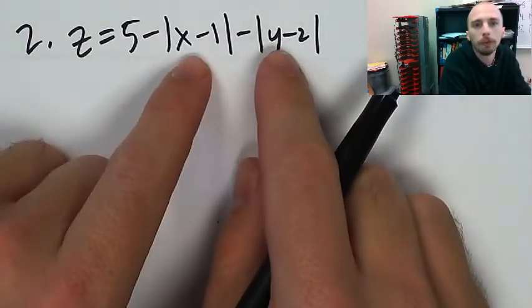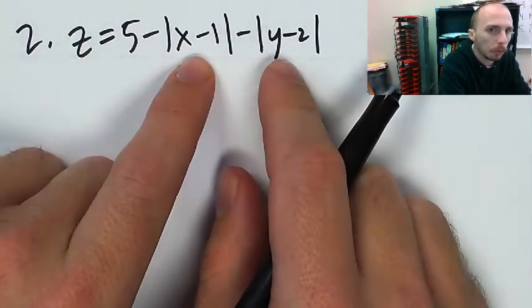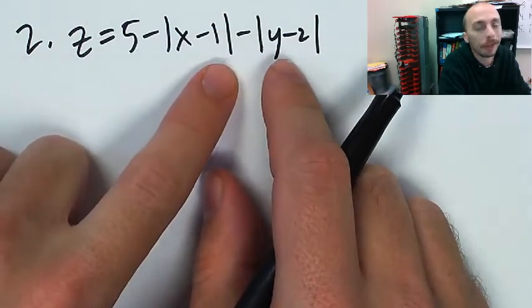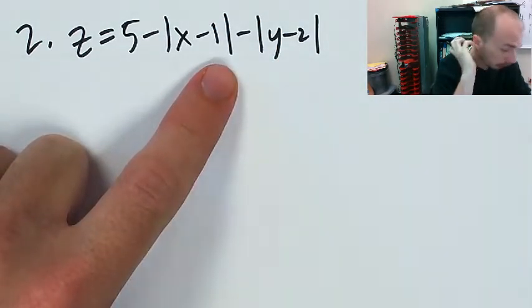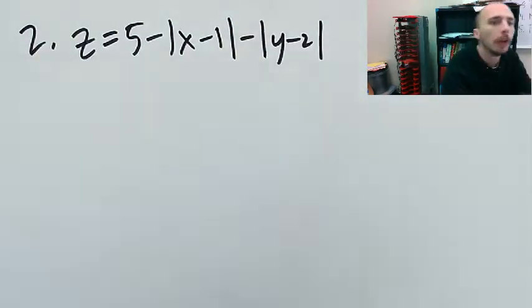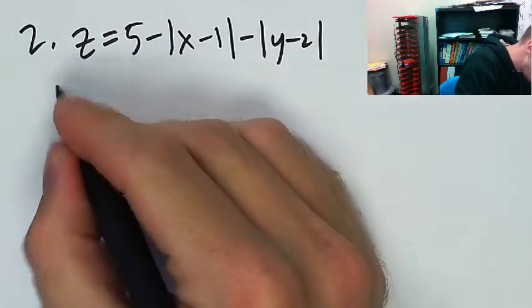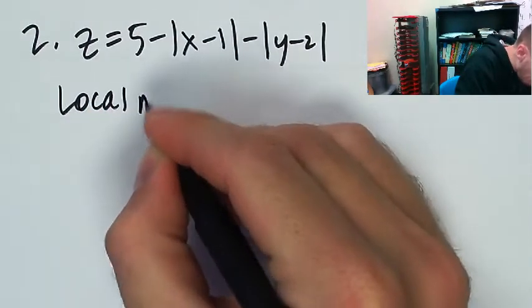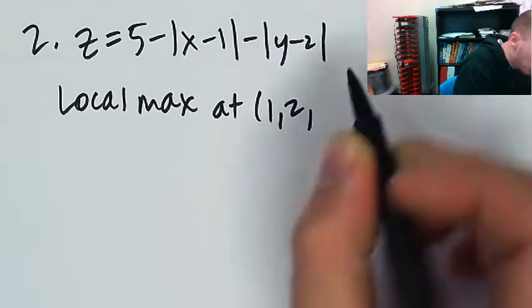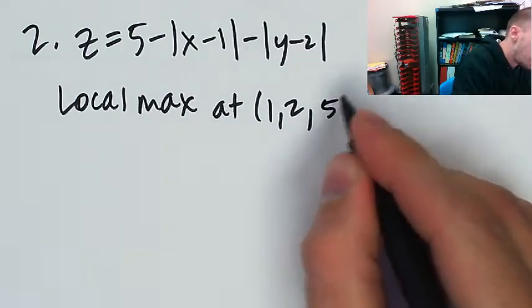Again, the least that these absolute values can be is 0. So if x was 1 and y was 2, I'd be taking 5 minus 0 minus 0, and I can't add to 5, because these absolute values can't be negative. So there's a local maximum at the point where x is 1 and y is 2, and that gives z equals 5.